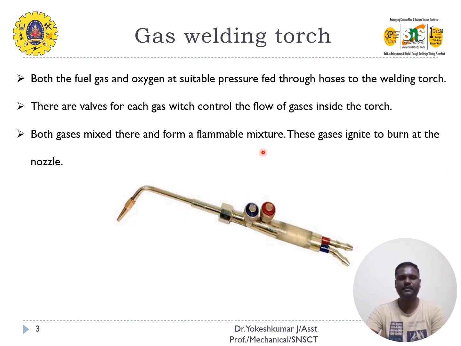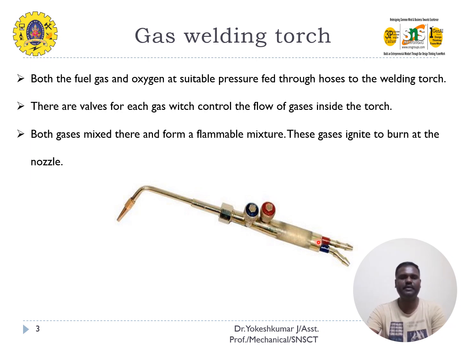And we are going to discuss the important equipment used in the gas welding process. One is the welding torch. Here is a detailed photograph of the welding torch. Usually it is made up of bronze or brass to withstand high temperature, and it is mixed with titanium alloy.